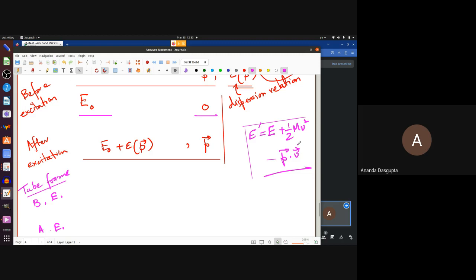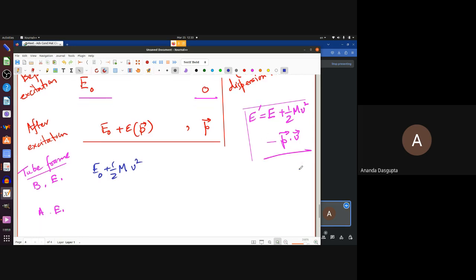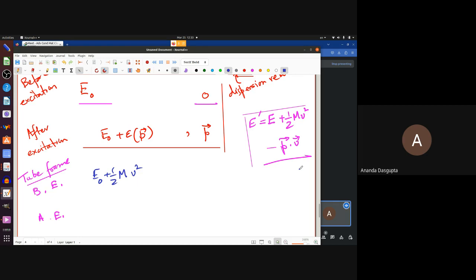You have a fluid which has total mass capital M flowing, and you are looking at this from another frame whose velocity is minus v. So what will you get as the before-excitation energy in the tube frame? Just use this formula. E plus half M v squared. Let's be precise. E is E0 at that time, so E0 plus half M v squared, right? The minus p dot v term is not there because there's no momentum. P is 0 in the fluid frame to begin with.